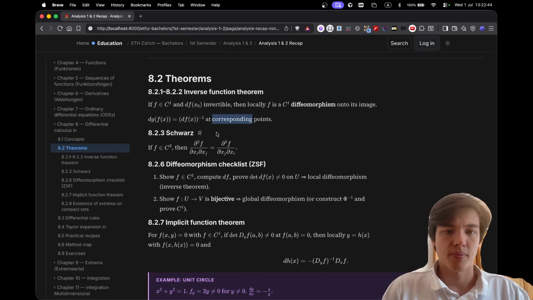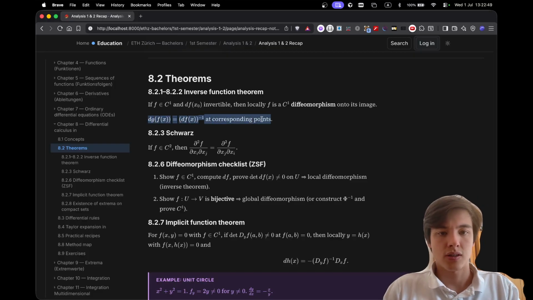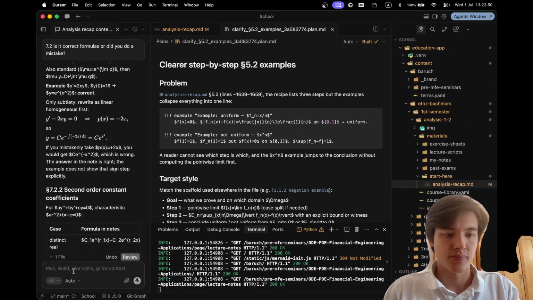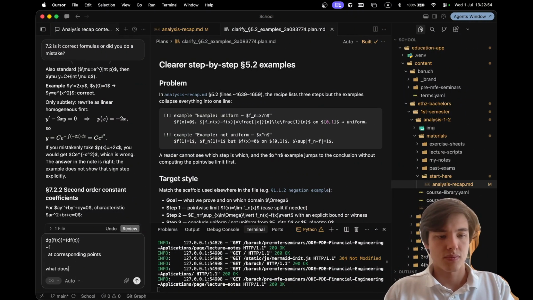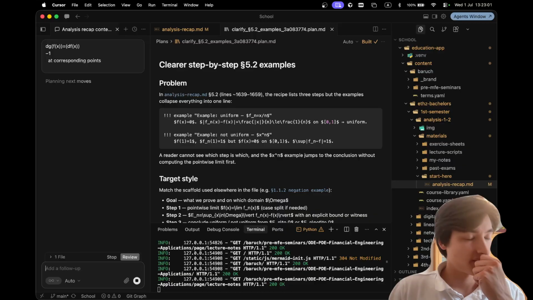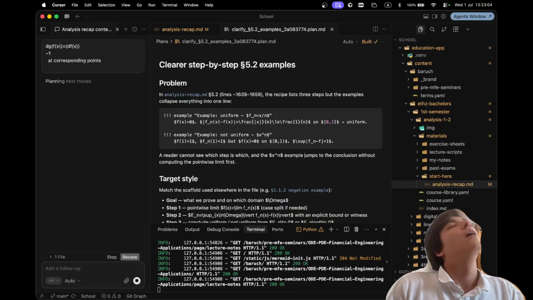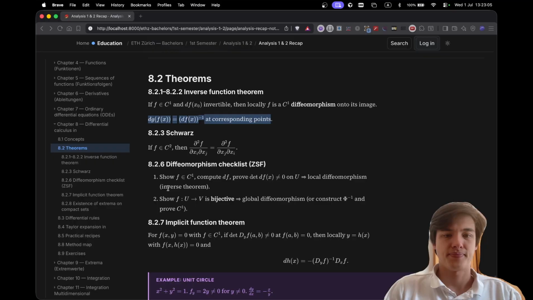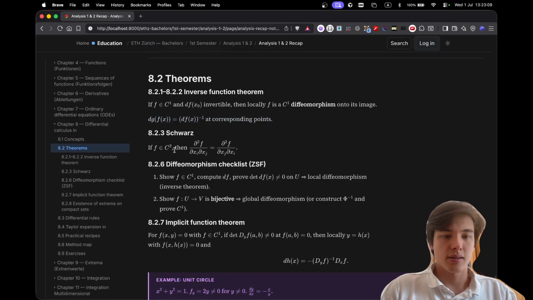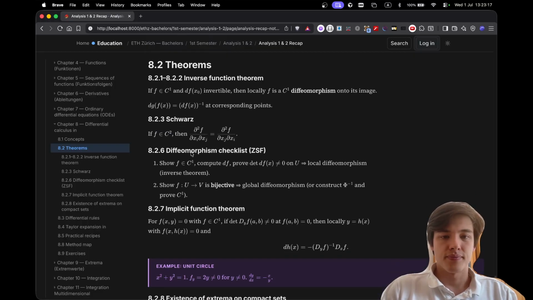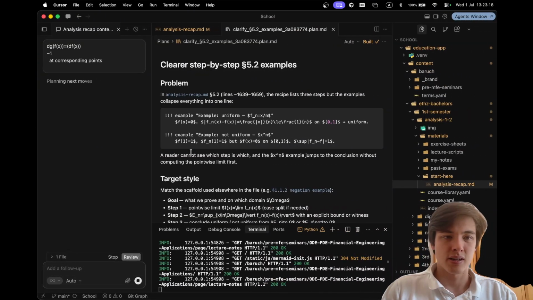Schwarz. Wait, actually, I'm not quite sure what this means. Schwarz is if it's C2, then you can interchange the partial derivatives. Something that has nice properties.